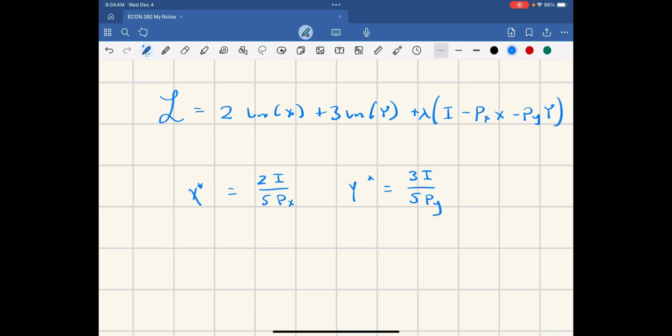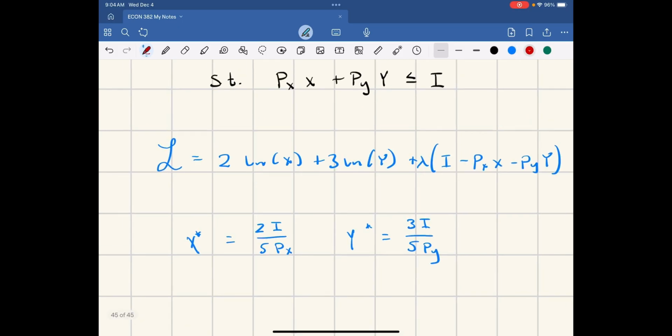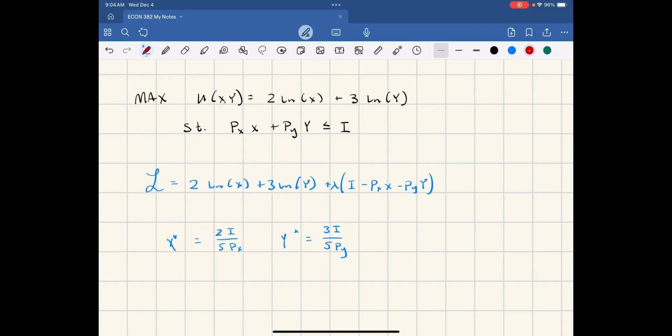And the general form of this comes from, if we call this a and this b, then x star is equal to a times I over a plus b times px. And then we get y star is equal to b times I over a plus b times py. So that's the general format, and that's the shortcut method.